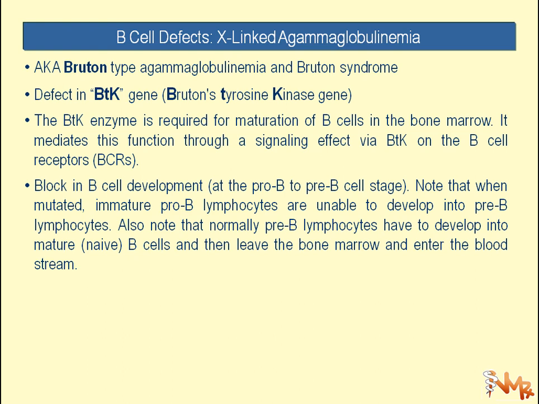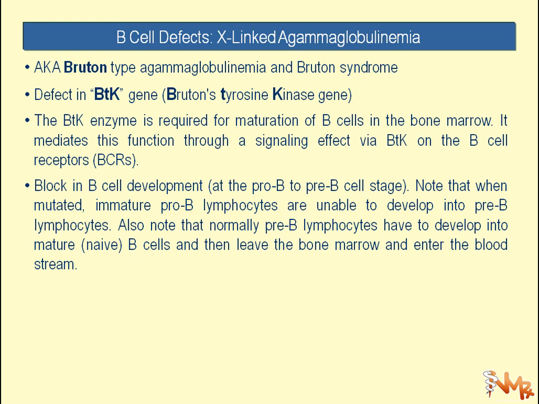Remember, pre-B cells are more specialized than pro-B cells. As we covered earlier, this is an issue that is confusing to students. We start from pro-B cells to pre-B cells, and then we get to naive B cells, and then we get to the effector cells.